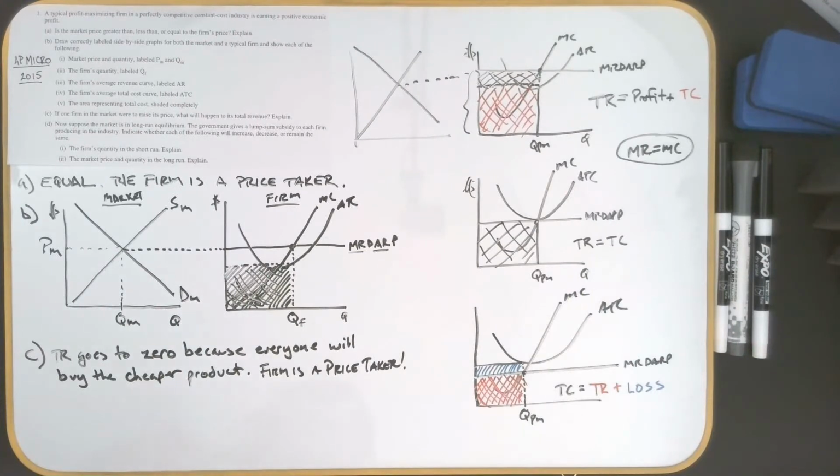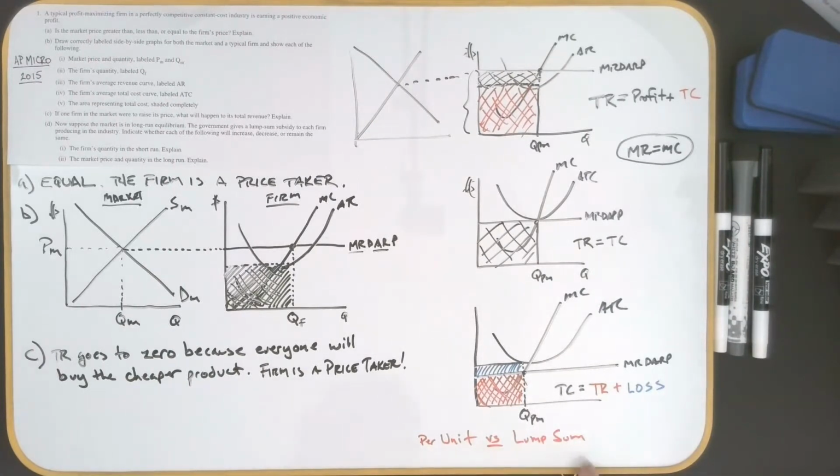Now, one of the concepts you got to make sure you have down is lump sum versus per unit subsidies. Okay, and so I'll go ahead and write this down here. Per unit versus lump sum. They love asking this question.